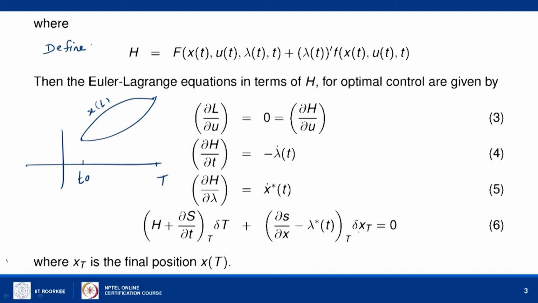So, let us write these equations. In this problem, the h function is x square plus u square plus lambda times the right hand side, 2x plus u.